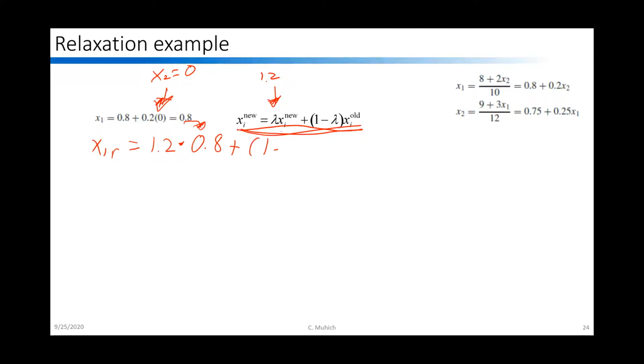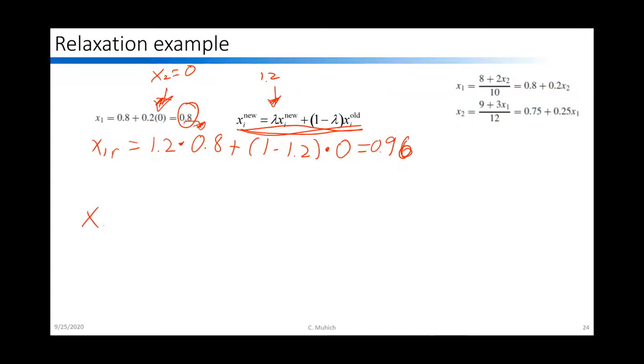Plus 1 minus lambda, so 1 minus 1.2, times the old x, which was 0. Right? So when I do this all out, I have my new guess for x1 is 0.96. What we'll notice is this relaxation is predicting that x1 is going to be even bigger than the x1 that we get strictly from Gauss-Seidel.